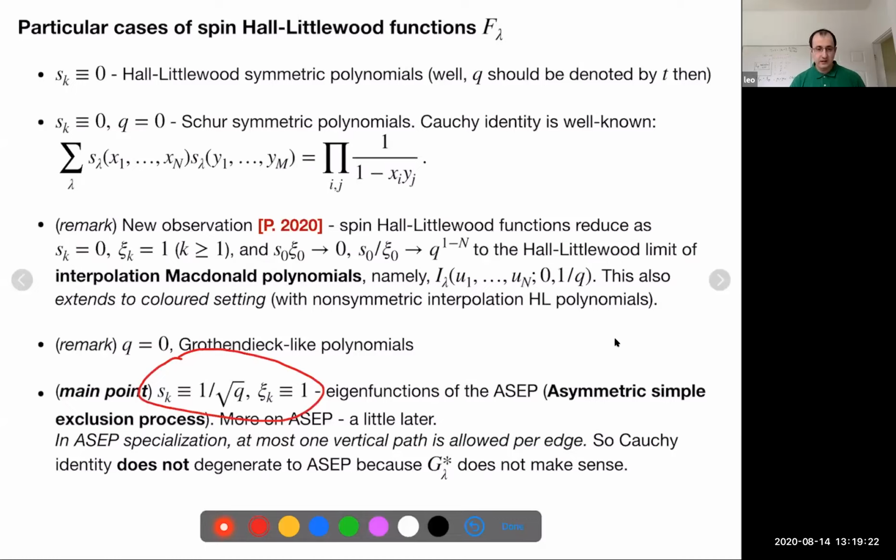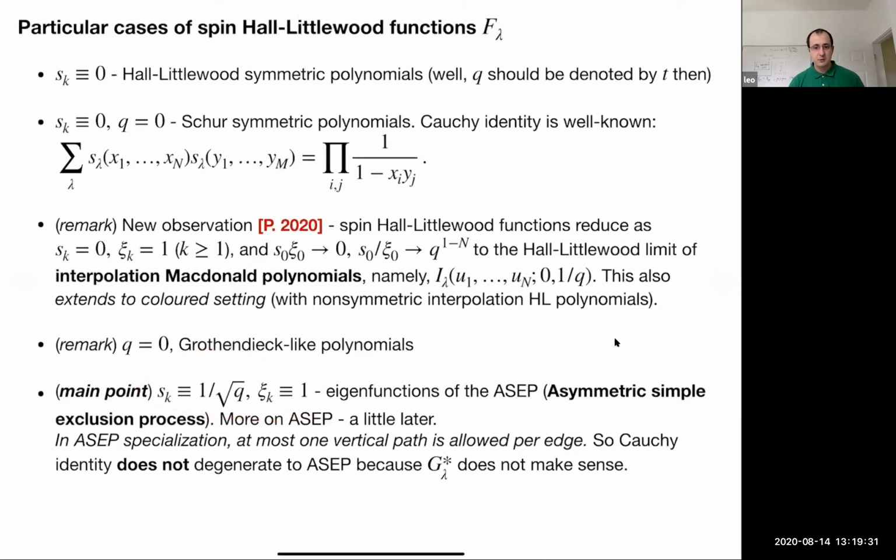And in this case, the weights become 0 if you have more than 1 vertical arrow per edge, which means that everything specializes to having just 1 vertical arrow.